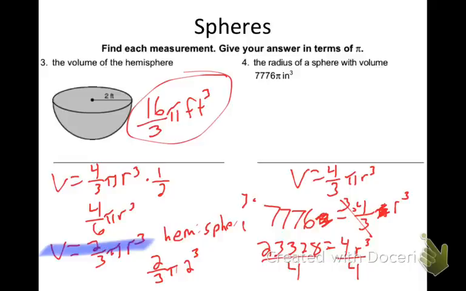Then I want to divide both sides by 4. So I divide both sides by 4. 23,328 divided by 4 gets me 5,832. So I have 5,832 equals r cubed. Now what undoes a cube term? A cube root. So I want to do the cube root of 5,832.